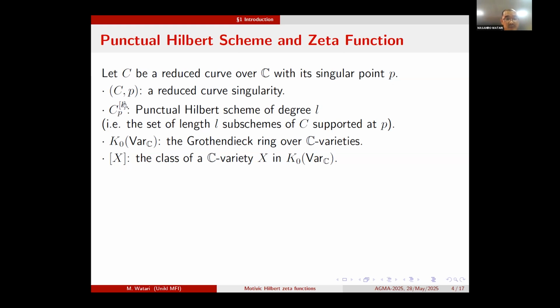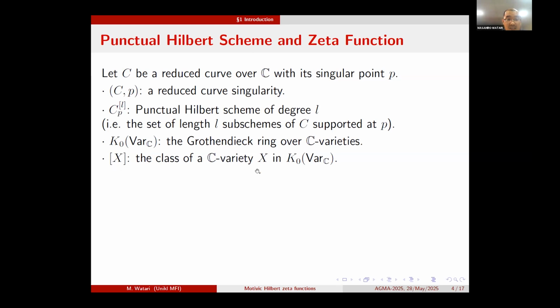The notation Hilb^L(C, P) assigns the punctual Hilbert scheme of degree L, that is, the set of length L subschemes of C which are supported at P. And this notation denotes the Grothendieck ring of C varieties, and the bracket of X is the class of a C variety X in the Grothendieck ring.